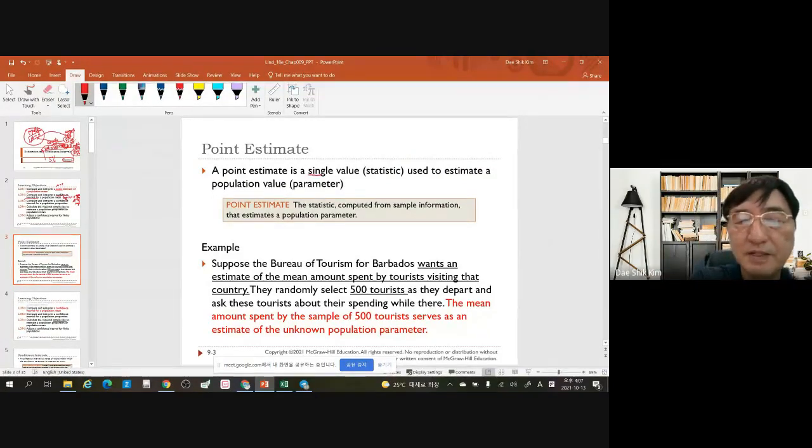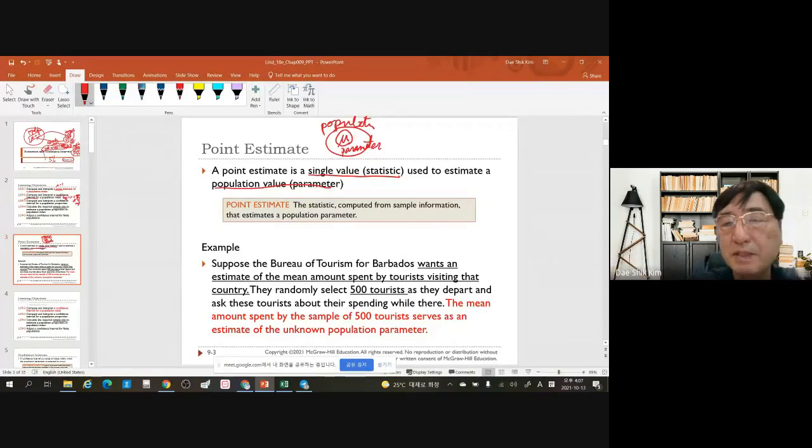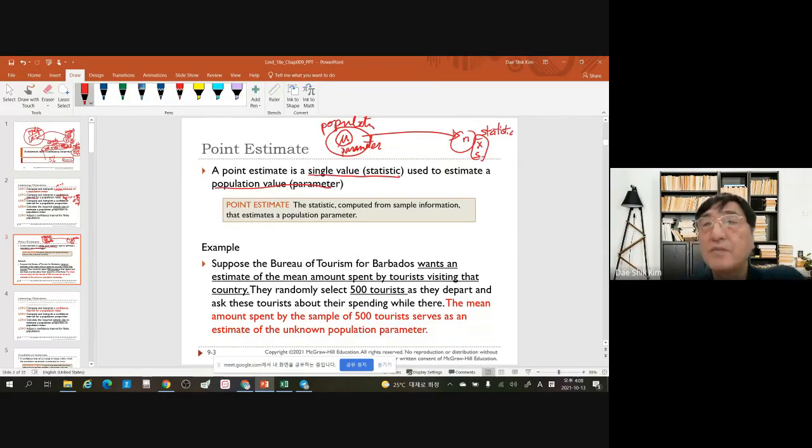A population value is a parameter; mu is an example of a parameter. Characteristics of the population are called parameters. But when you pick a sample of size n, we calculate x bar, s, and so on. All of these are called sample statistics.